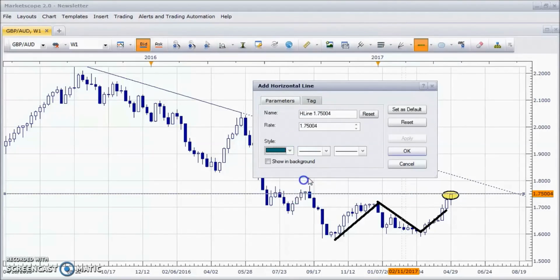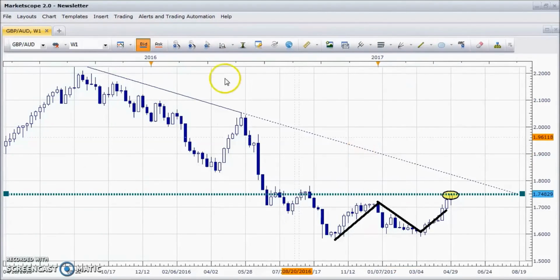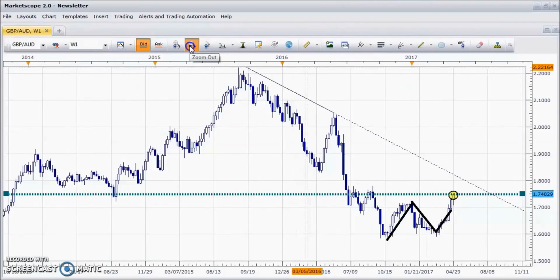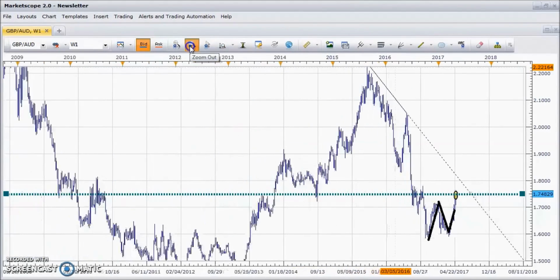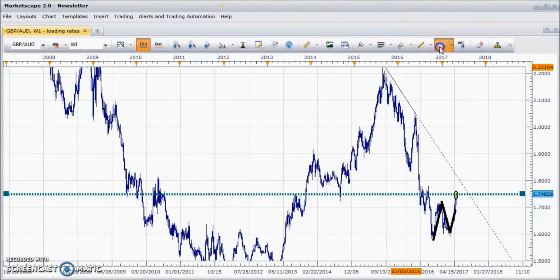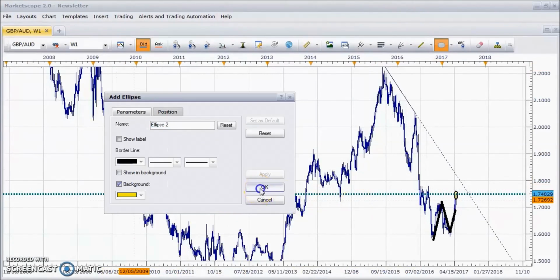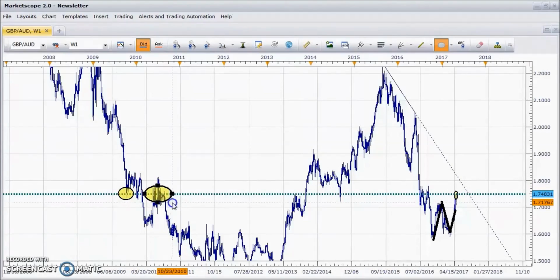Okay, you realize that when you go back in time, around this level, the market seems to be finding it quite difficult to break through. It finds some level of resistance around that level, and then we find the market respecting that level.